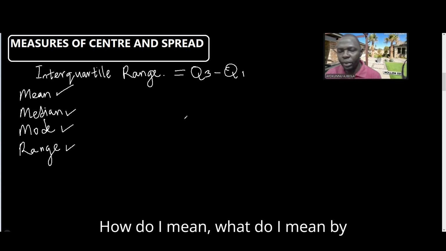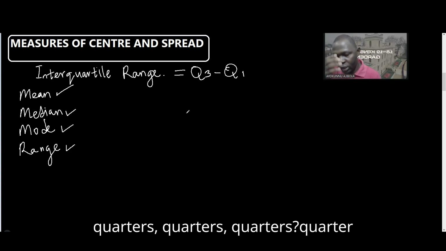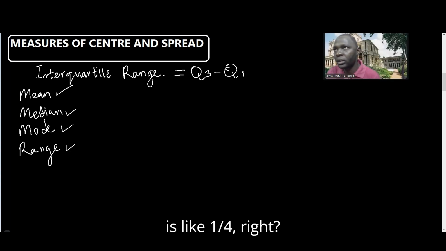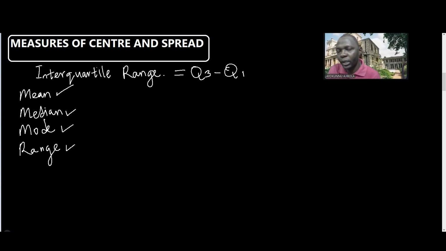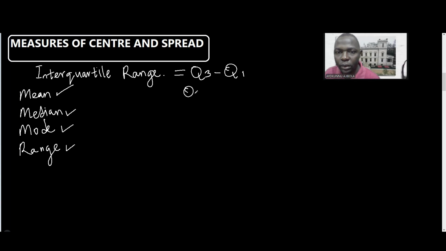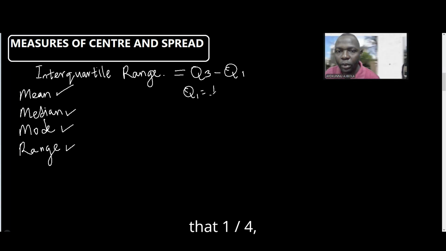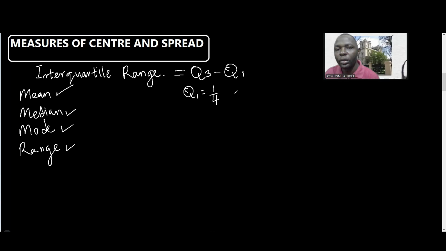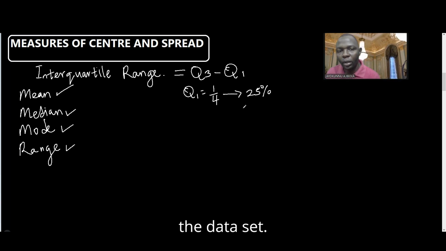What I mean by quarters: a quarter is like 1/4, right? So if I say quarter 1, that would be 1/4, like the 25% of the data set.